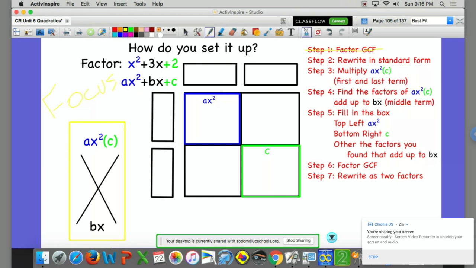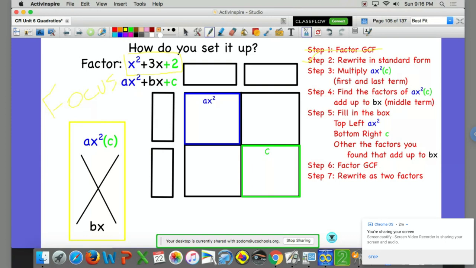So how this is really going to work is, if we look at step 2, rewrite in standard form, well, it's already in standard form, and we have that right there, x squared plus 3x plus 2. So step 2's checked. Then step 3 is to multiply ax squared times c.